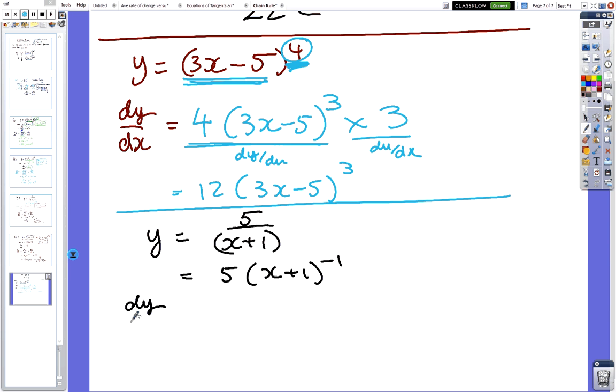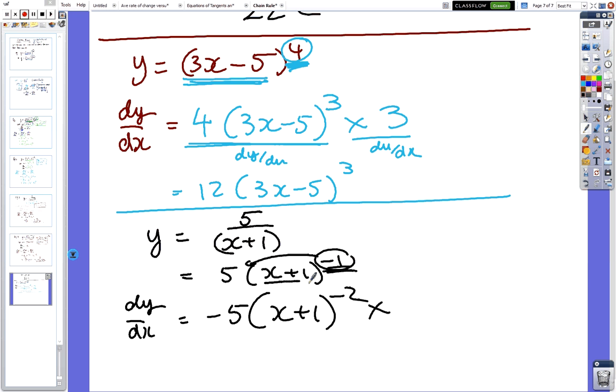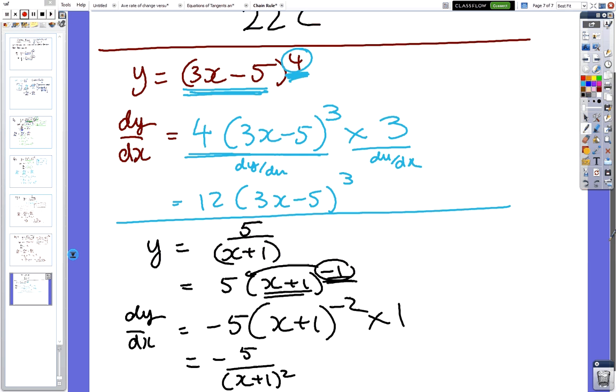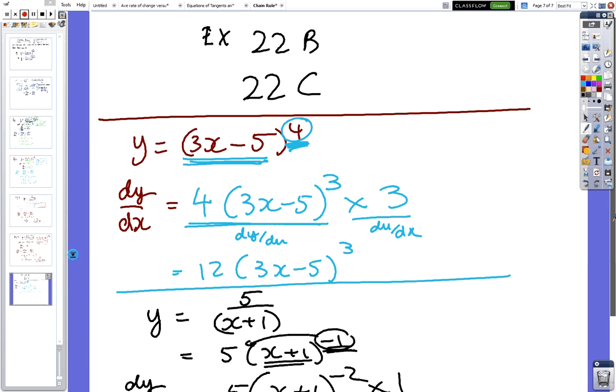So dy dx equals multiply by the power, so minus 1 times 5 is minus 5. Leave the bracket, subtract 1 from the power, and then the last step is multiply by the derivative of the bracket, which is 1. So we end up with minus 5 over x plus 1 squared. So practice both ways, but the shortcut is fairly effective. So there's your exercise, 22B, 22C. Thanks, bye.